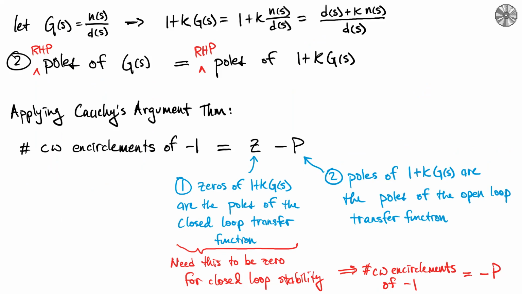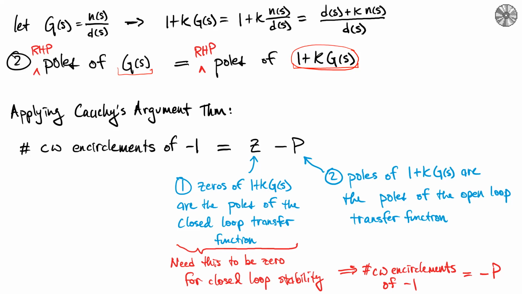The second piece that we're going to use in order to complete the Nyquist stability theorem is to observe that the poles of the open loop transfer function g are in fact the poles of 1 plus k times g. So we already identified that this is important because it's the denominator of the closed loop transfer function.